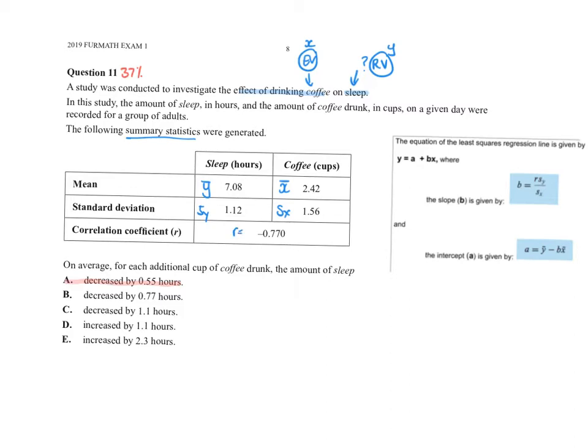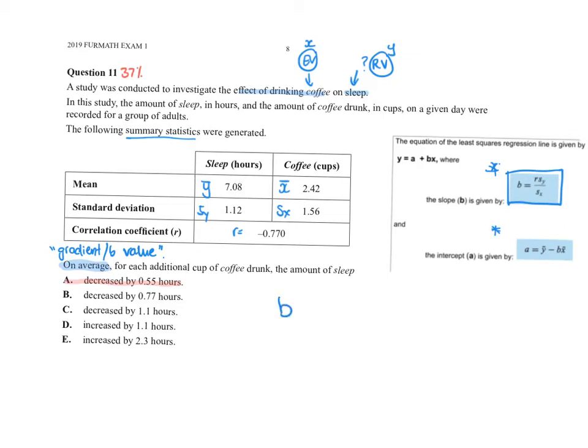Hopefully that triggered you that you would be using these formulas, which are other ways of finding the A and B values. Now, when we see the wording "on average, for each additional cup of coffee, the amount of sleep", that is another way to say the gradient, in our case the B value. So they want me to find the B value, and I'm going to use this formula here.